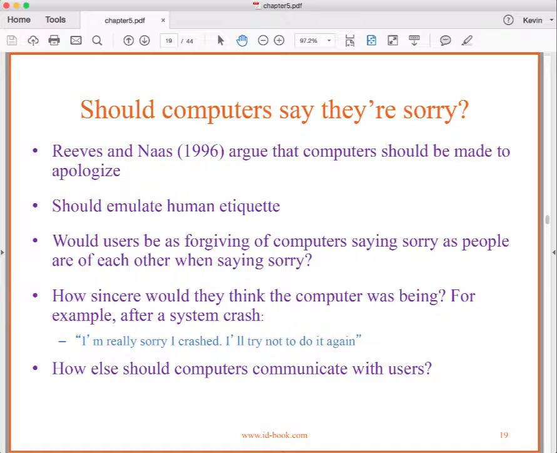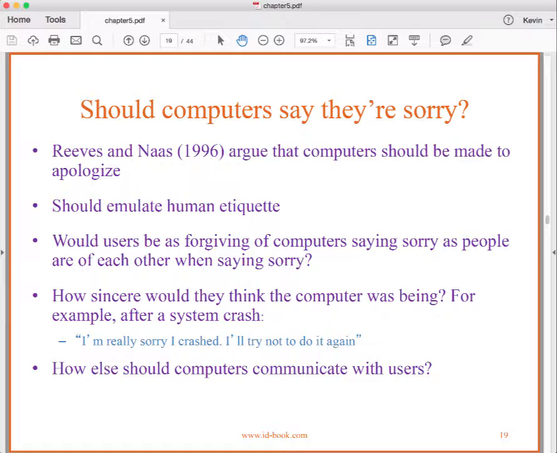How sincere would they think the computer was being? For example, after a system crash, "I'm really sorry I crashed. I'll try not to do it again." Okay, so the research indicated that when handled the right way, some apology was helpful.